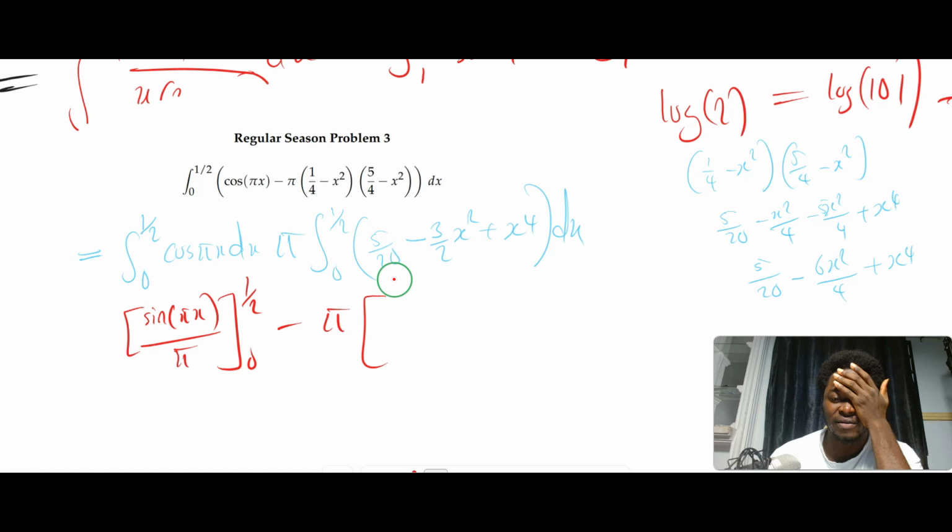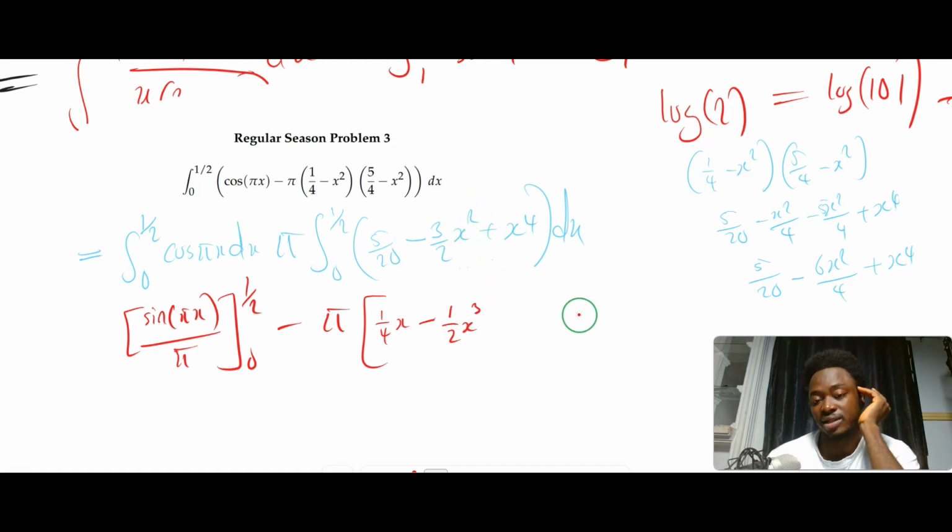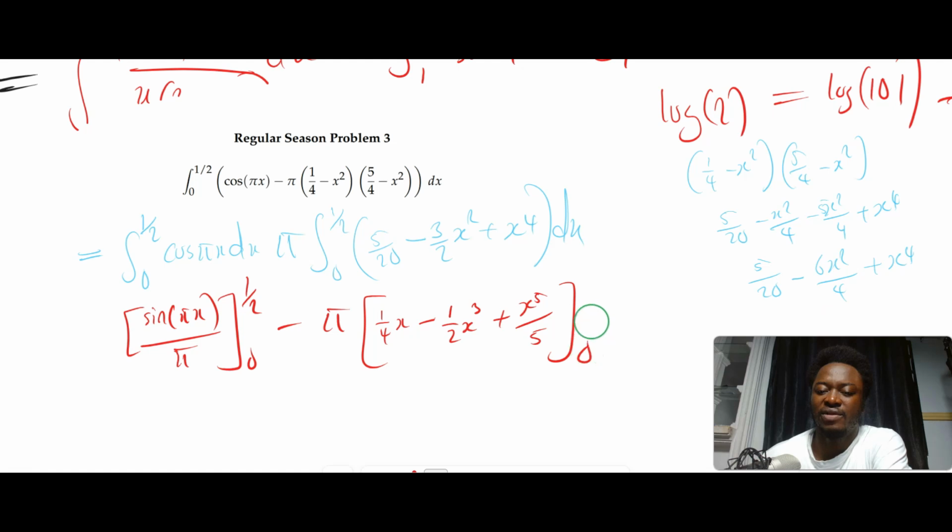Yes, 5 here 1, 5 here 4. So you have 1 over 4 x minus 1 over 2 x to the third power, right? Because you get the 3 at the bottom to cancel out. So this one is plus x to the fifth over 5, and everything evaluated from 0 to half.